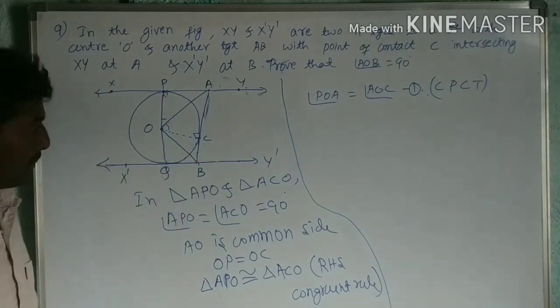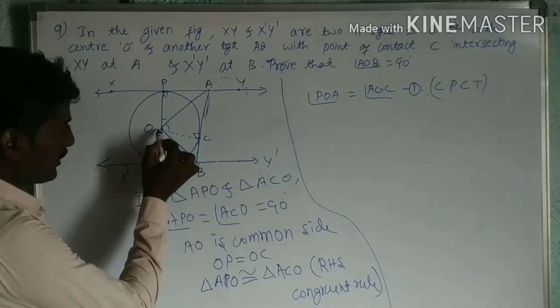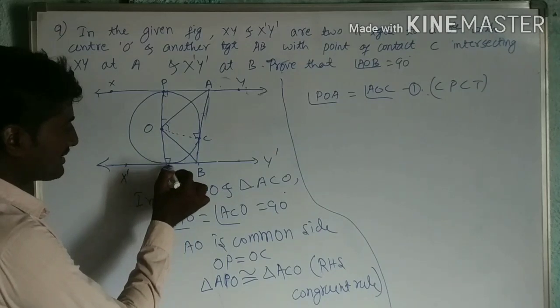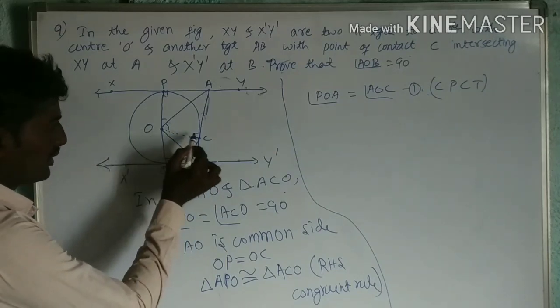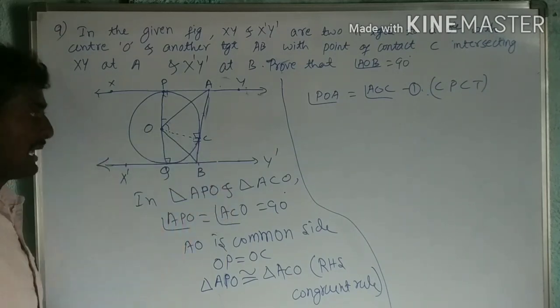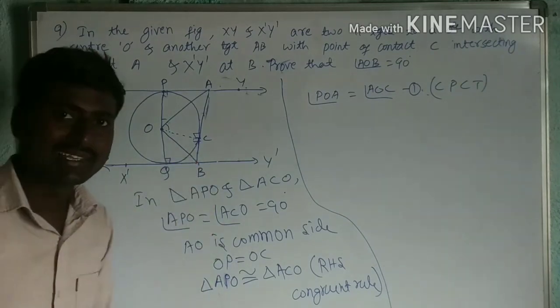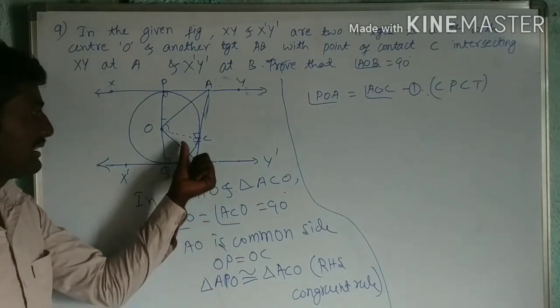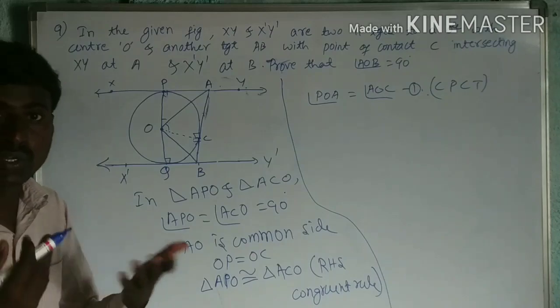Now similarly come to these two triangles, OQB and OCB. This is 90 and this is also 90. Again by using RHS or SSS, I can prove that these two triangles are also congruent.